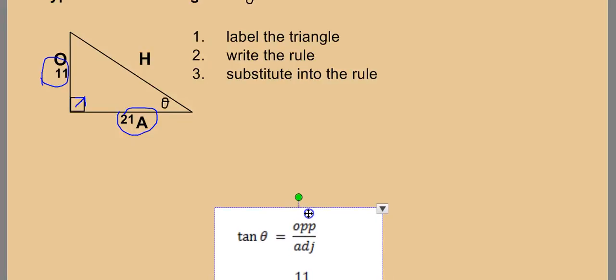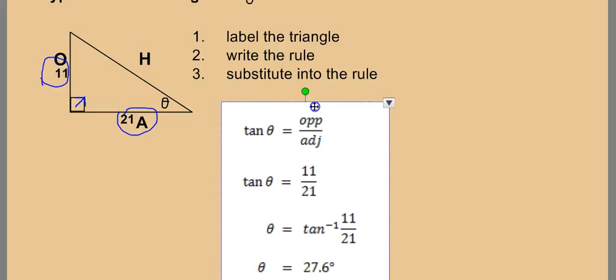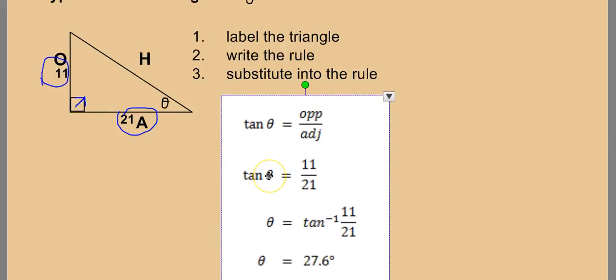The opposite side has an 11 on it, and the adjacent side has a 21. And notice, theta is still theta. So our calculator so far, even my old-fashioned calculator, has been saying, if you give me the angle, I will tell you the relationship between the sides. This time, we want to give the calculator the relationship and ask it to find the angle.